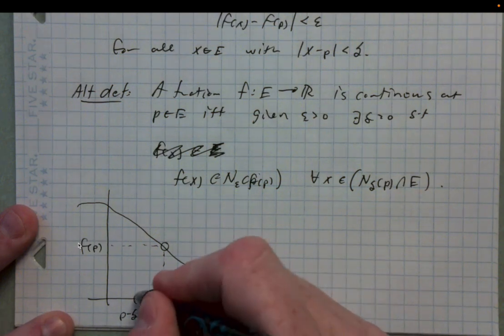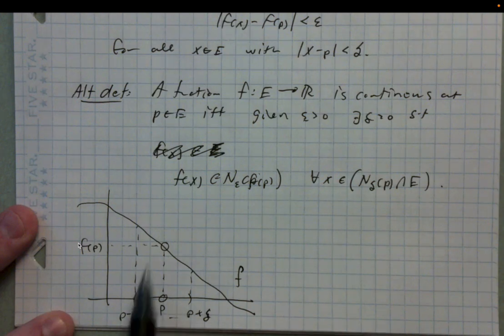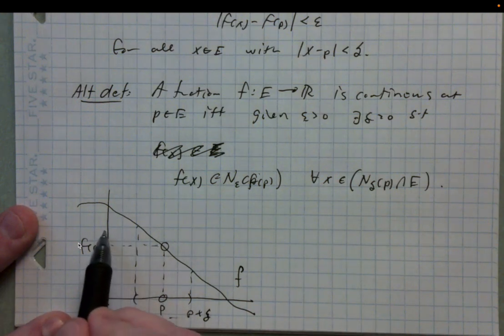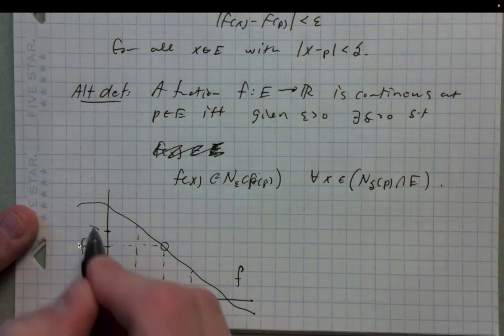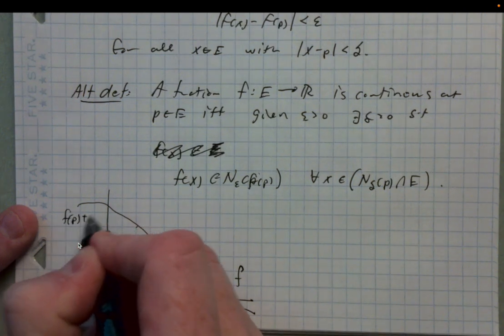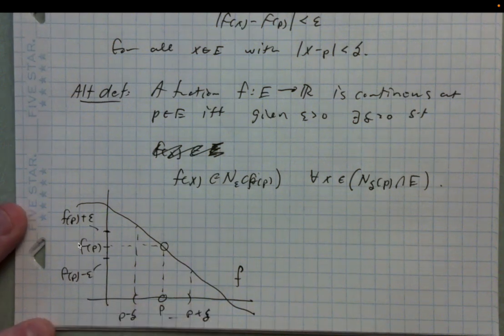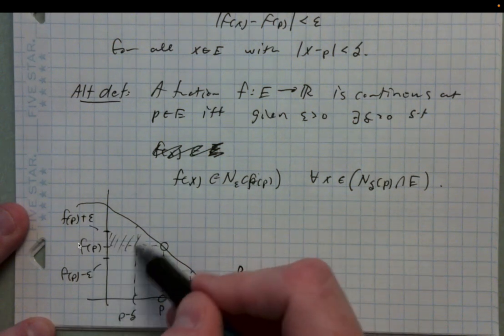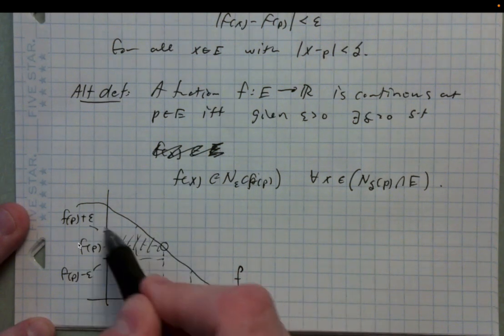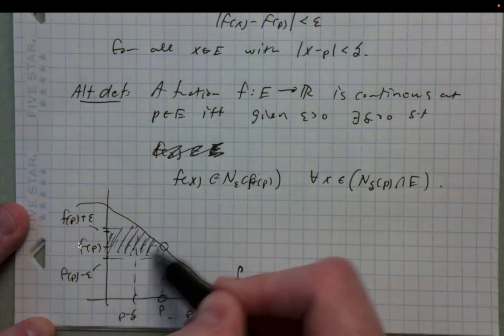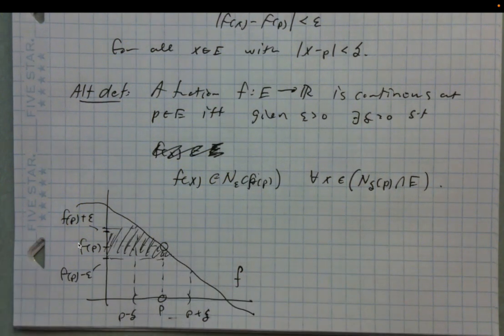Whenever I'm inside that delta neighborhood, I need to be inside an epsilon neighborhood of f of p. To be inside of here, you just have to be able to find a delta that guarantees that you're inside of that range. This is very similar to what we've seen with the idea of limits.